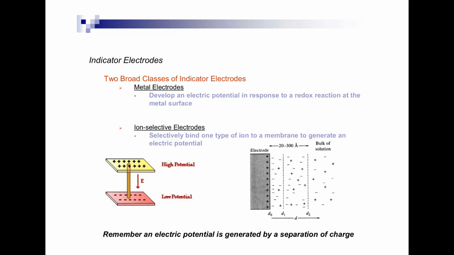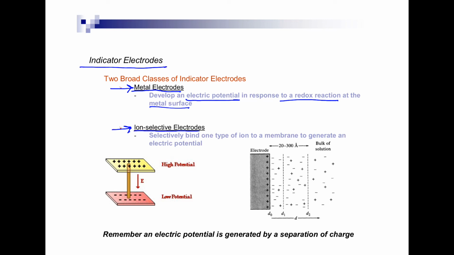Okay, now we're going to talk about different types of indicator electrodes. We're going to talk about metal electrodes first, and then ion selective electrodes. But the main difference between these is kind of what their name says. Metal electrodes are going to be made out of a piece of metal, and they develop an electric potential because there's a redox reaction happening on that metal surface.